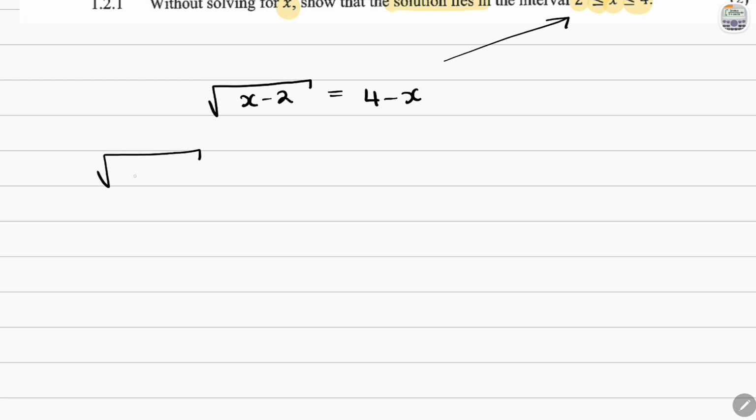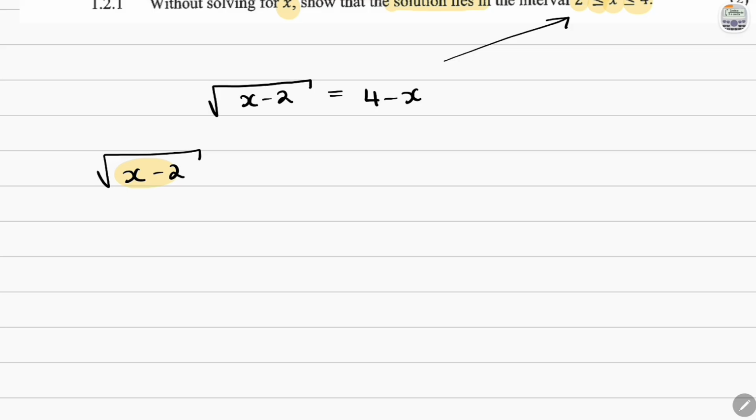And here's the thing. For us to have any possibility of a solution, let's look at this radical, it's x minus 2. If you have a negative value, a number less than 0 under the square root, it's going to become non-real. So for there to even exist a solution, this part needs to be greater than or equal to 0. Not this whole part, specifically what's under the radical.